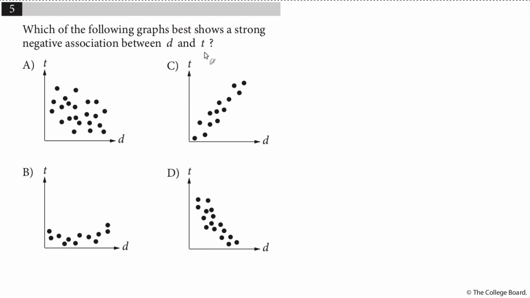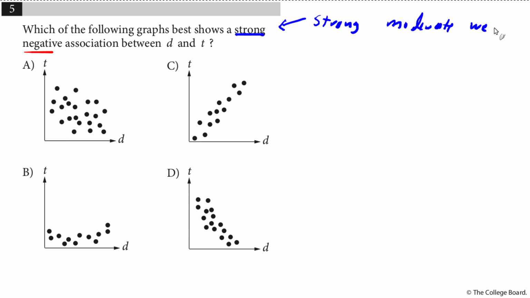So for these scatter plots, we have two descriptors for the correlation. We have this word strong, we have this word negative. So let me change the color on that so I can talk about them separately. First off, this word here, we would be looking at something like strong, moderate, weak.